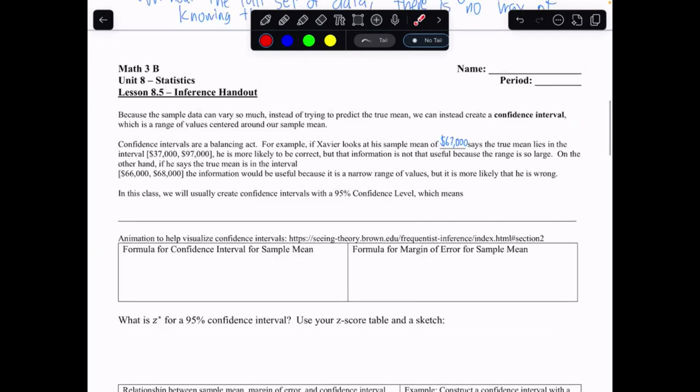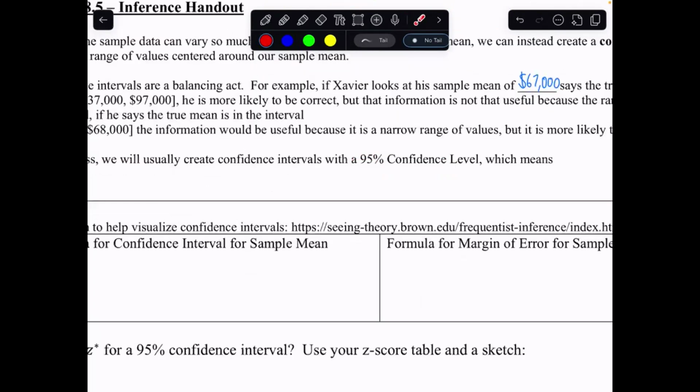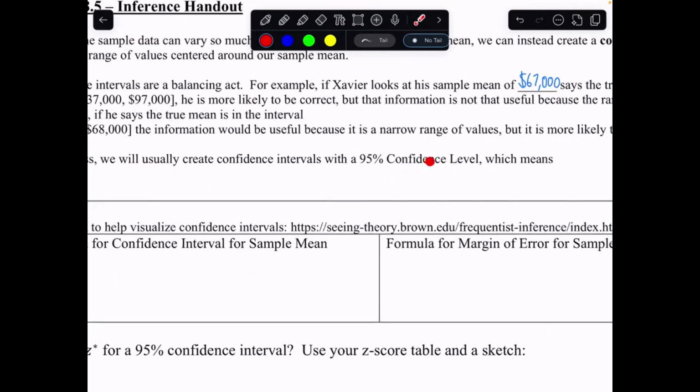The range that we generally use is what's called a 95% confidence level. Confidence has a specific meaning in statistics, right? It's not just like everyday language. Confidence has a mathematical meaning.